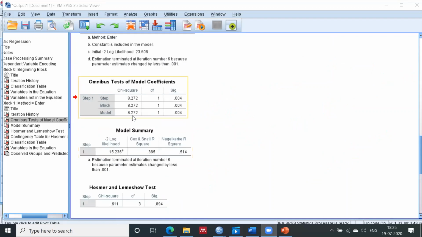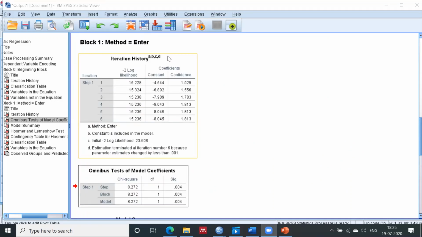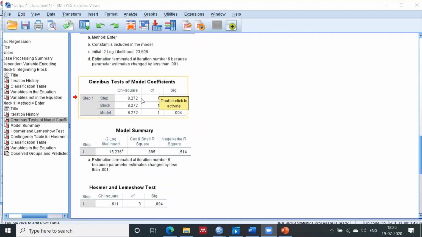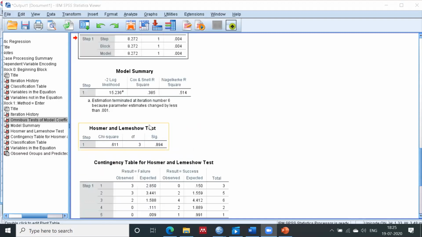So three assumptions I have made. First is my iteration history, that has been improved to 15.236. Earlier it was 23 something. Omnibus test is significant, and my model summary's Nagelkerke R square is also good, that is 51%.